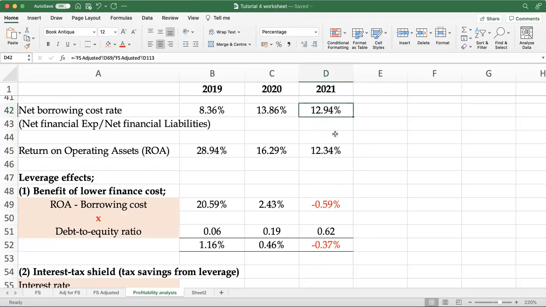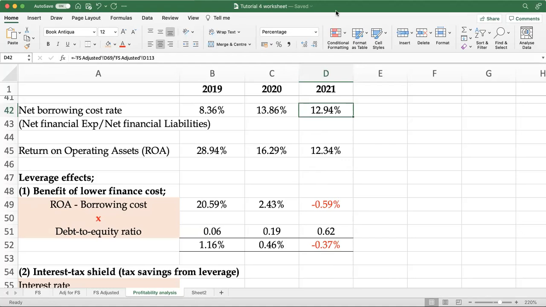The return generated from assets is lower than the borrowing rate. Therefore, the leverage effect is negative.